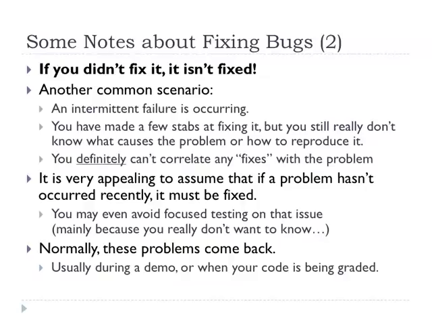A lot of times they come back in demos or when your TAs are grading your work. So you definitely need to make sure that you have actually fixed issues. And if you ever have a situation where a fix kind of disappears and you don't know for sure if it's gone, assume that it's not. That's a safe assumption.